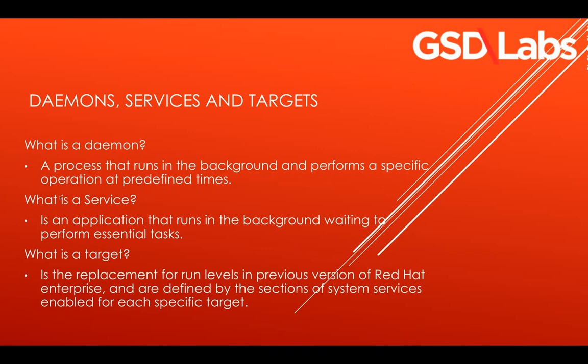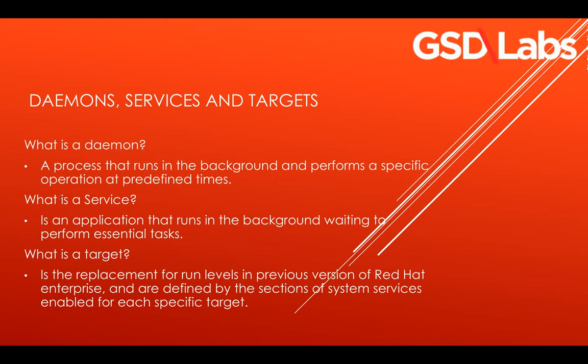We're going to talk about different targets, but just to give you an example, if we are running a graphical interface, it would run a number of services, including services to hold that graphical interface. If we run a multi-user target, then that has no graphical interface. It's just a basic shell, and obviously it loads a low number of services.